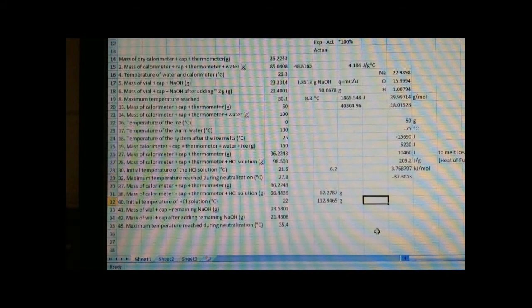And again, we're going to use the specific heat for the water, and the delta T that we just calculated. Okay, so mass of the solution times the specific heat for water times the change in temperature, and that gives me my joules, 2930.